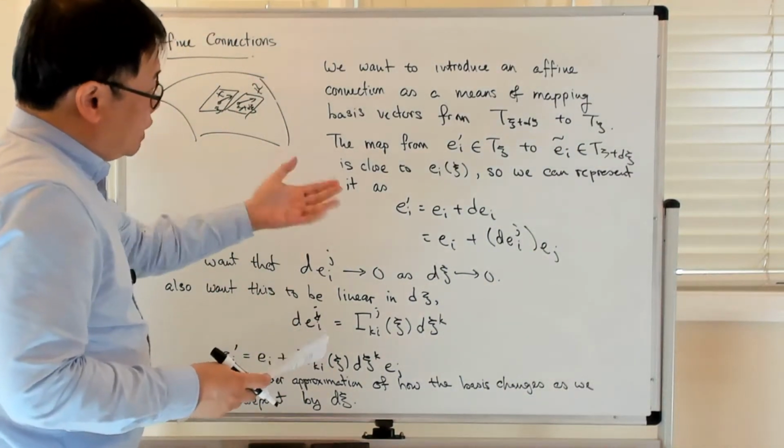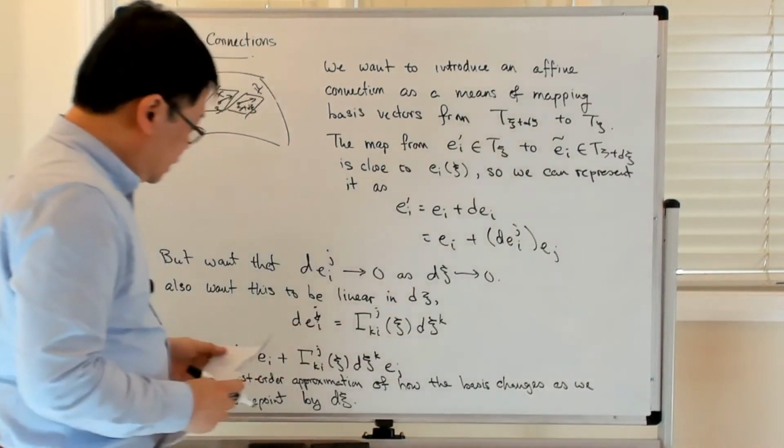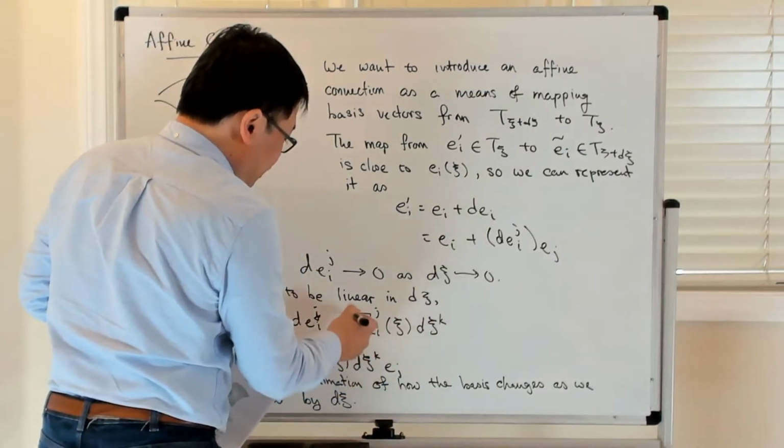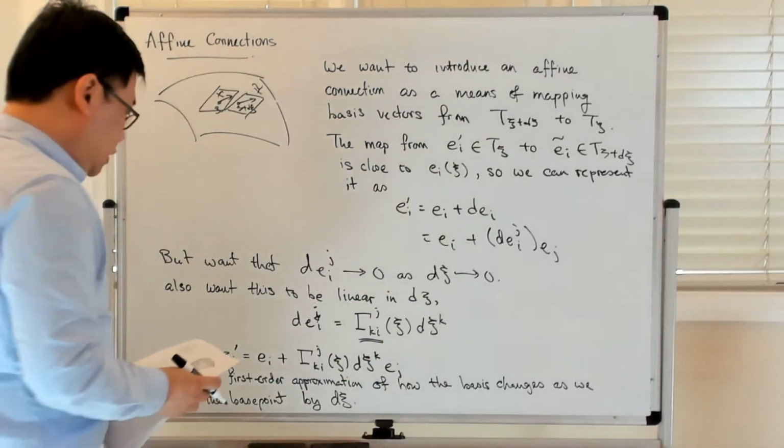So this linear correspondence between tangent spaces at two nearby points is uniquely specified to leading order by this entry here, what is called a connection coefficient.